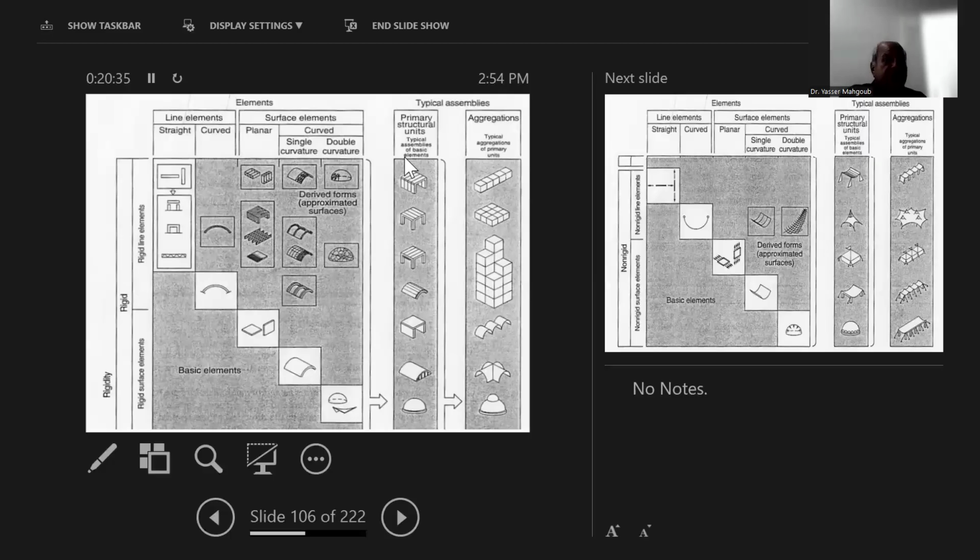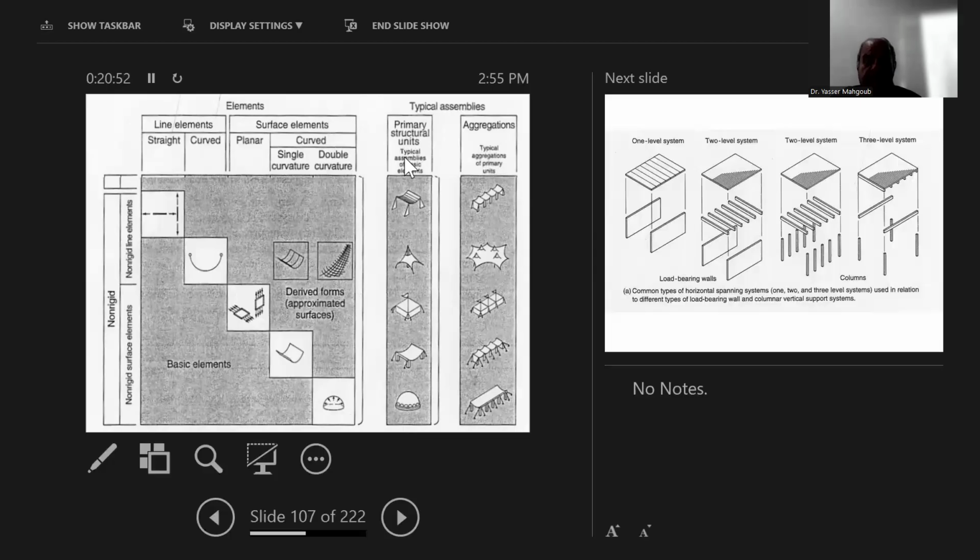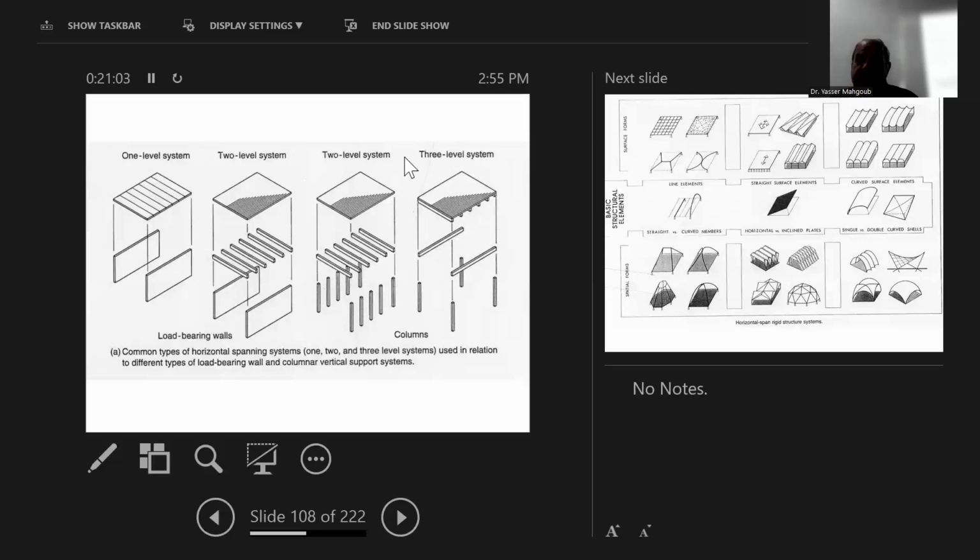So don't limit yourself to the column and beam structural system. It's not appropriate for your project type, for this museum with large spaces. So this is like a summary table for all the materials and how to select from them and use them in the design.